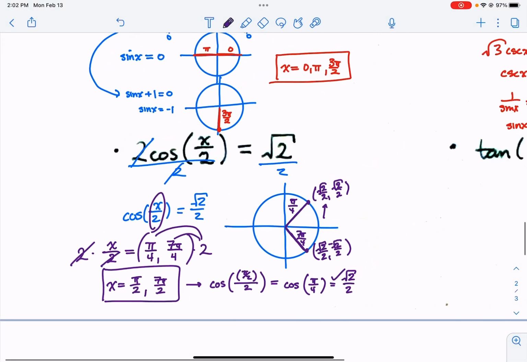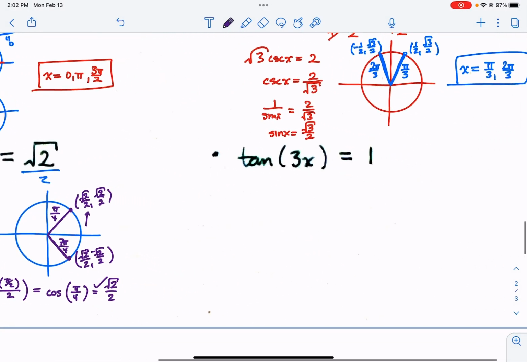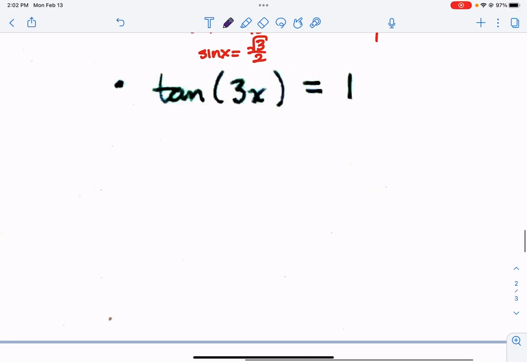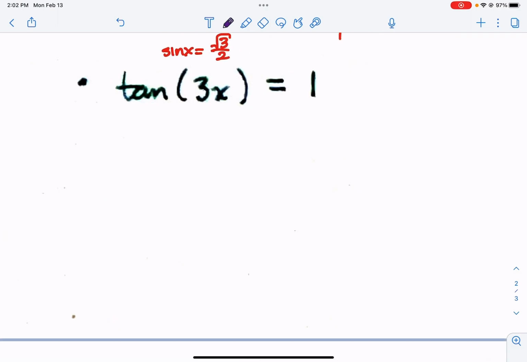So anyway, let's move on to this one. We're also going to see something similar here. So tangent of 3x equals 1. Okay, well, we're kind of at the simplest part of this equation already.